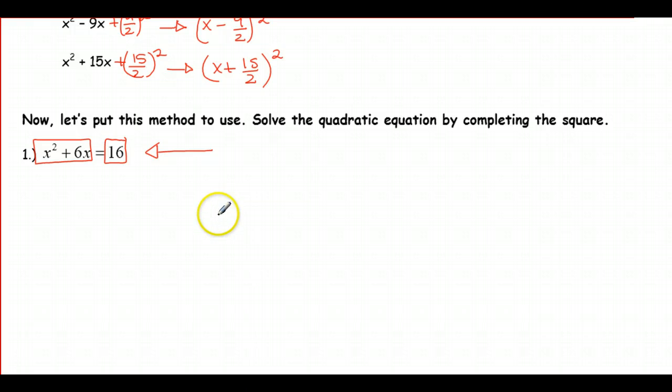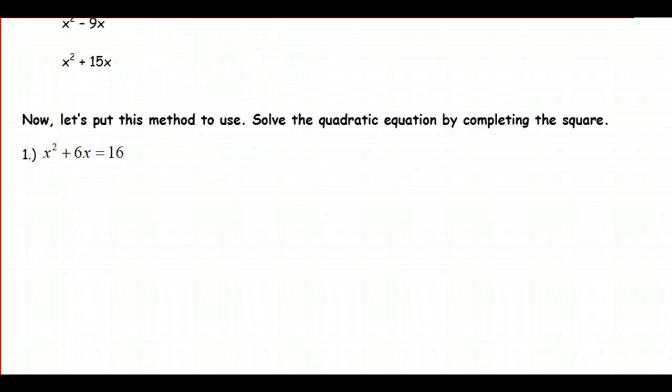That is very important. So once you have done that, in this case it is done for you, you can go ahead and do the next step, which is to complete the square on the variable terms. So x squared plus 6x. If I want to complete that square, I would take half of my b value, which is 6, and I would get 3.